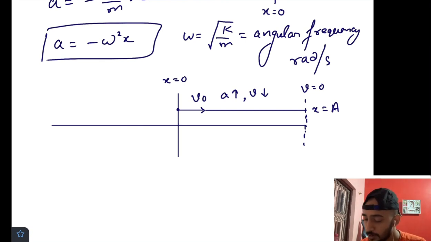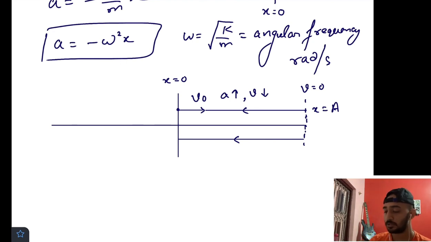Now the acceleration pulls back the particle towards the mean position again, and in this motion the acceleration decreases because x decreases, and the speed increases.